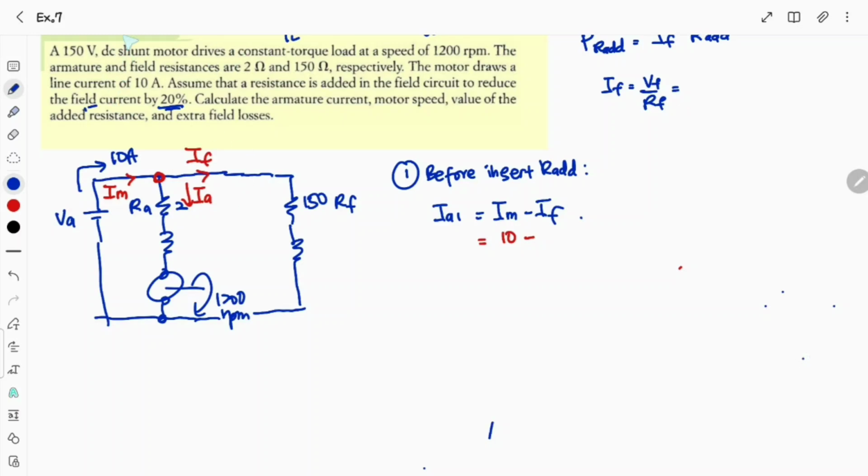Since this is a DC shunt motor drive, your VF is equal to your VA over RF, and it's also equal to your terminal voltage over RF. So simple. IF is your VA, 150 volt, over RF 150 ohm, which gives you 1 ampere. So now you have 9 ampere for armature current.